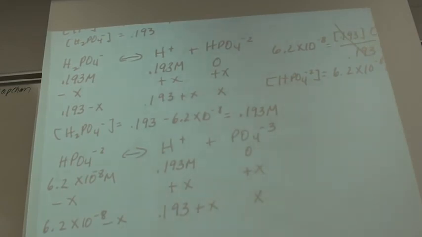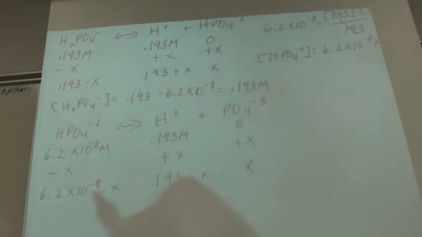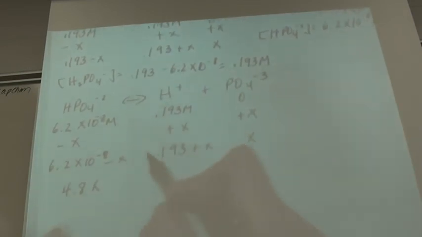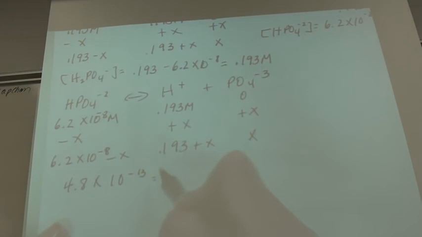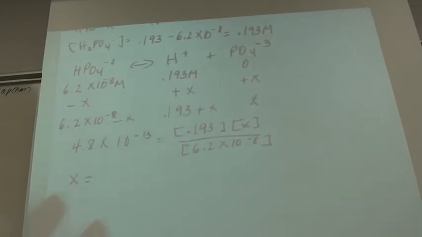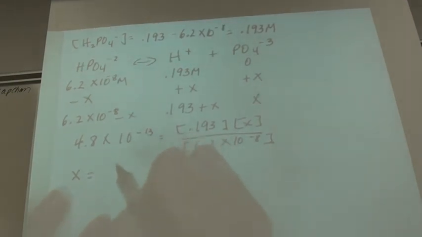The K value for this is really teeny. It is 4.8 times 10 to the negative 13th. And that would be equal to this. I'm disregarding the x here. X is equal to the ridiculously small number, I don't even know, 1.6 times 10 to the negative 19th.